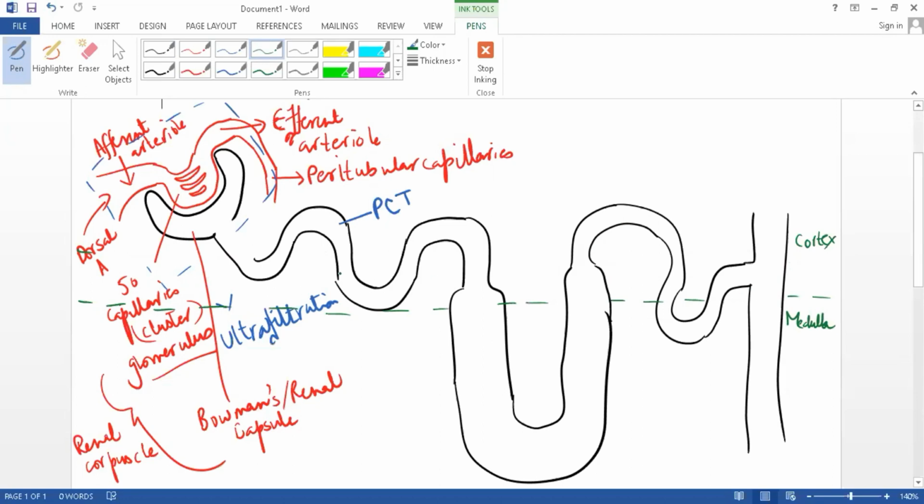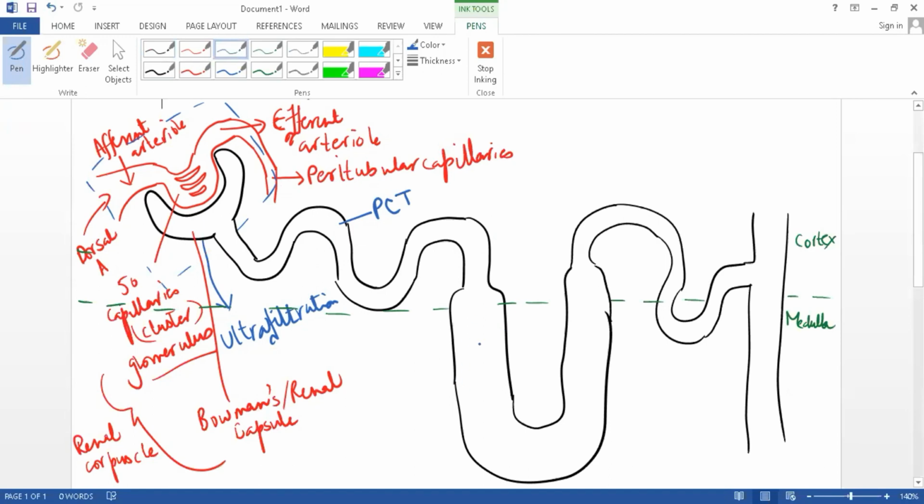I should have drawn it like this. So this is proximal convoluted tubule.